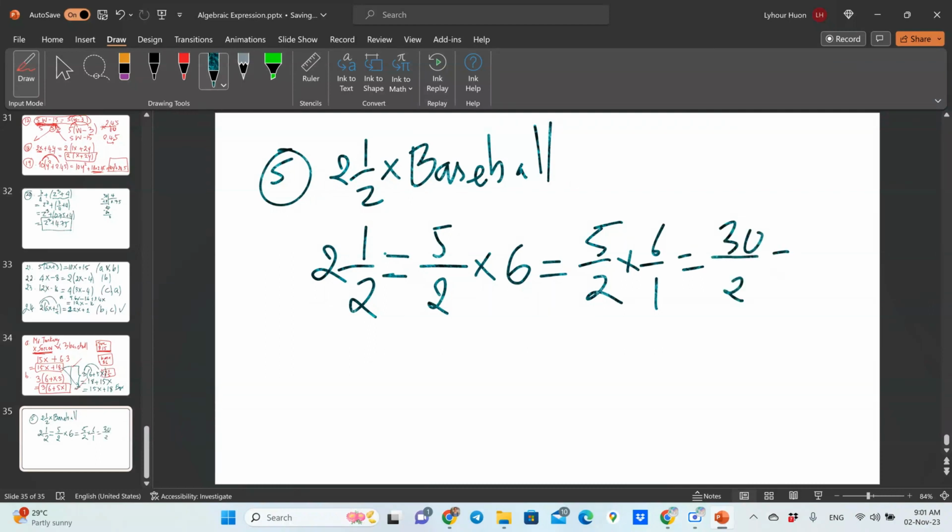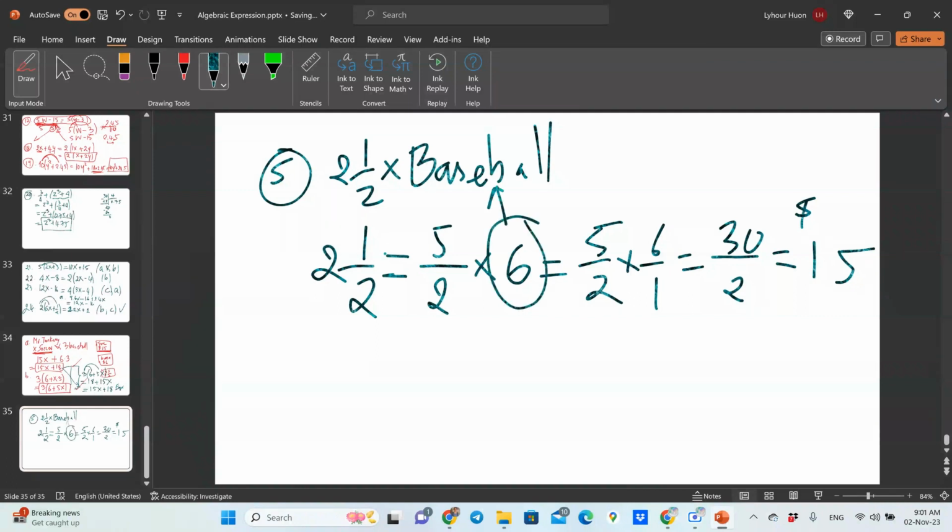Which equals $15, right? So is this equal? They say a soccer ball costs two and a half times as much as a baseball. This is the price of a baseball, right?